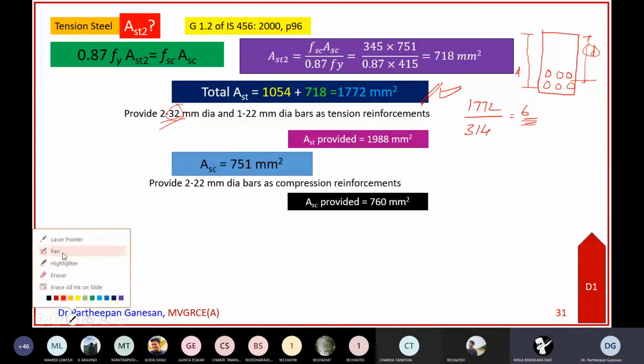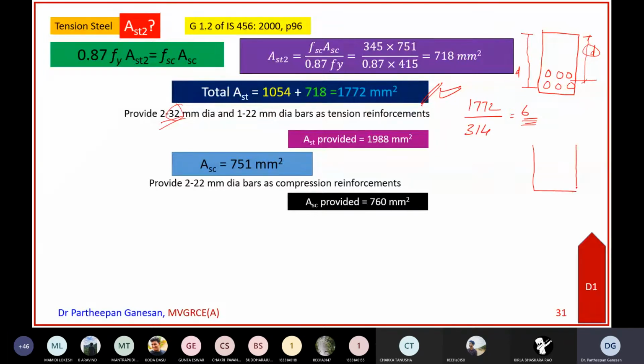Yeah, that is okay. But the problem is, in general, whenever you provide the reinforcement with respect to the vertical central axis, your reinforcement should be symmetrical. So if you are getting two number of 25 plus one number of 32, you will provide two number of 25 here and one number of 32, but it is not ideally recommended, because normally only corner bars will have a larger diameter, not the middle one. Is that clear?